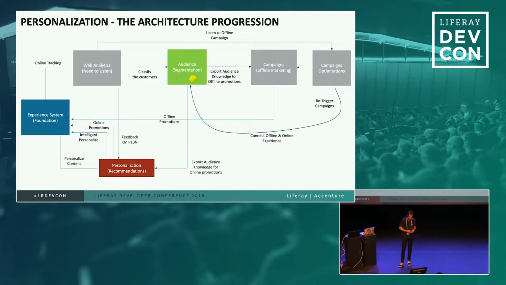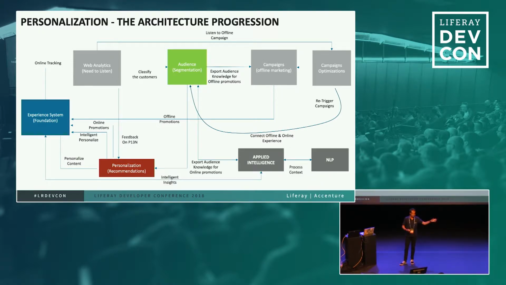Okay, and again, feed all this information, offline and online, to this audience intelligence system, so they can better segment the users and drive all the rest of the system in a better way, okay? Again, exporting the personalization and feeding it into the main channel.